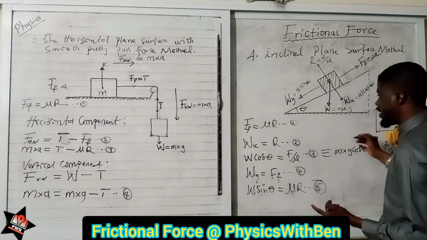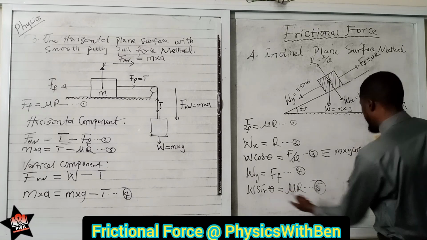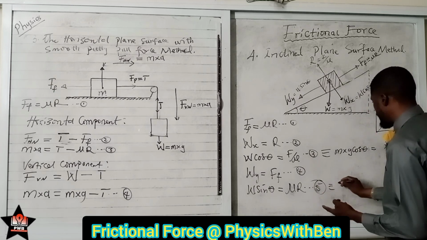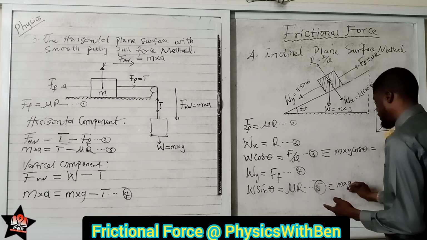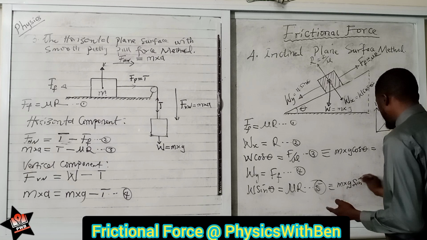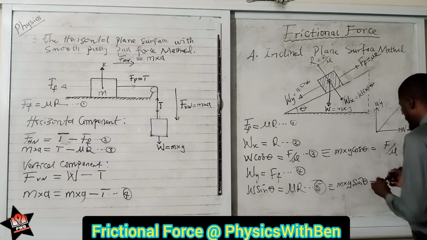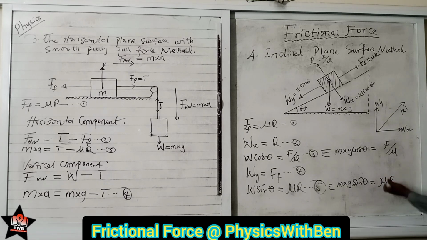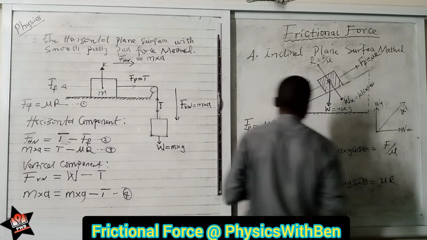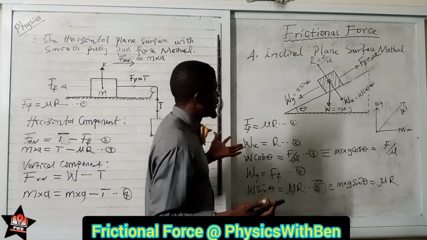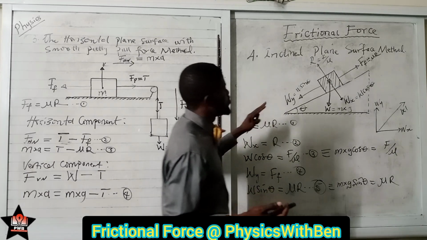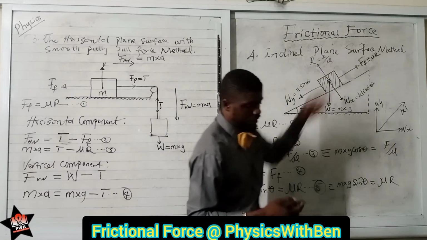So we can still write again that mass times gravity sine theta is equal to mu R. So you make mu the subject of the formula, and then you find the coefficient of friction on this particular surface.